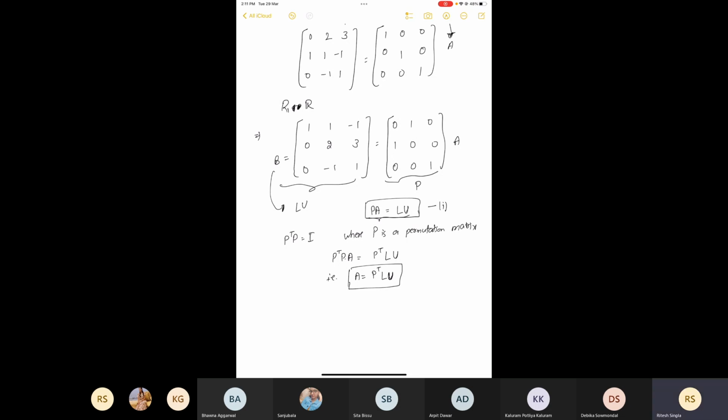It is just an observation that if all the leading principal submatrices are non-zero, then you can anyway do this 1 upon a11 or 1 upon a22 while doing Gaussian elimination, or one more thing we discussed in the last class, or maybe the Gauss-Jordan method also. So if all the leading principal submatrices are non-singular or non-zero, then you can do this, right?